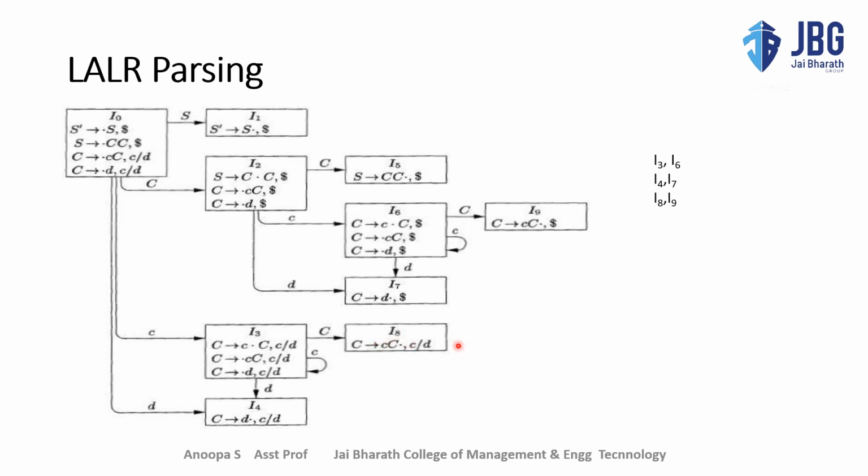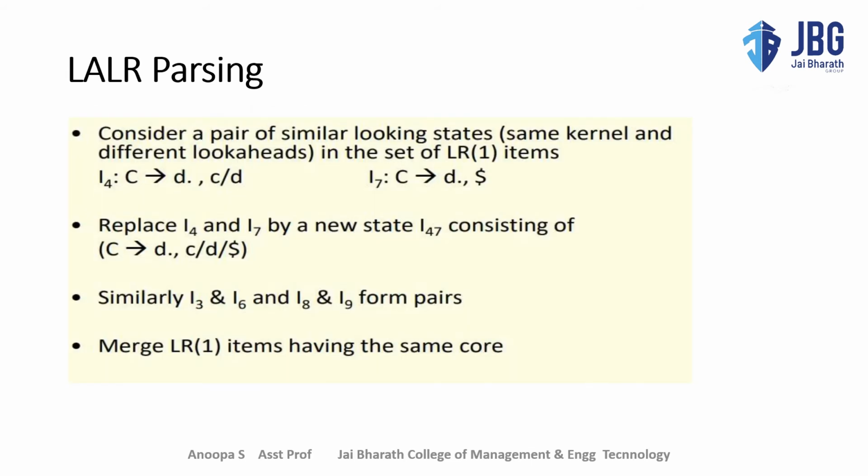So I am going to merge I8 and I9 into a single state I89. This is the explanation: consider a pair of similar looking states, then replace I4 and I7 by the new state I47. Similarly, I3 and I6, and I8 and I9 form pairs.